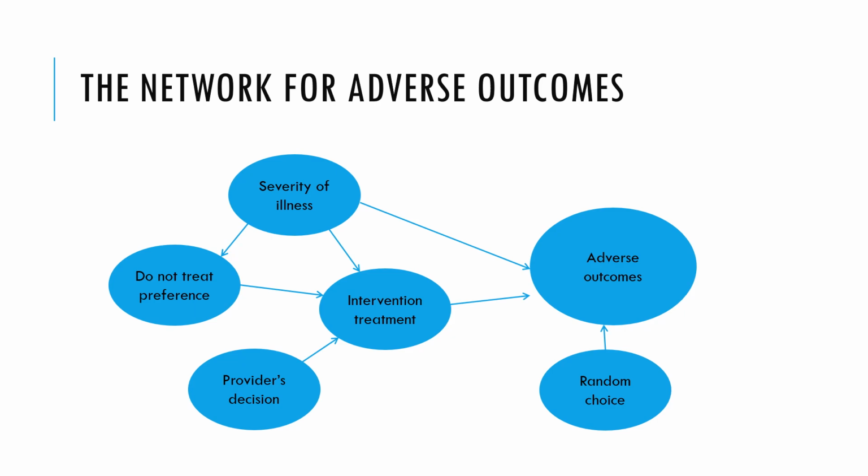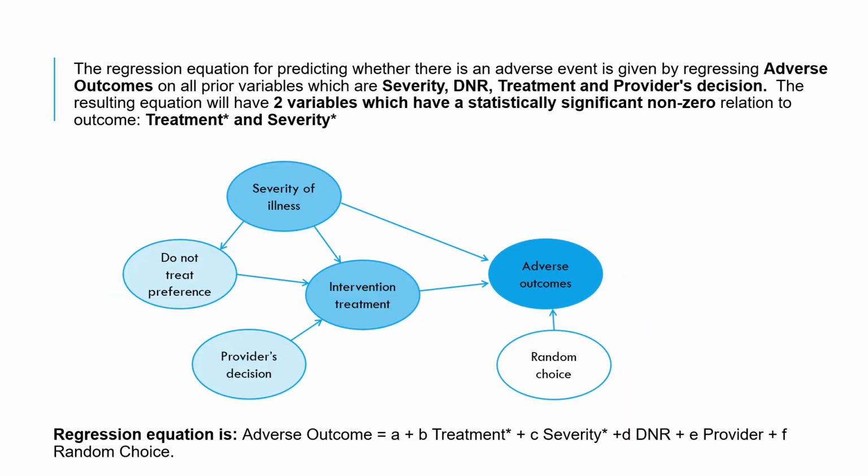So here we can see the network that we'll be working with. This is the network for adverse outcomes. The two parent nodes are intervention, treatment, and severity of illness. Then we have do not treat, preference, and provider's decisions, and then random choice.